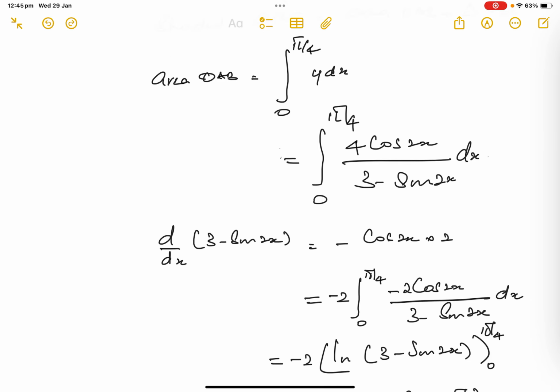Having cos and sine in the denominator, we can look for the differentiation of the denominator in the numerator.